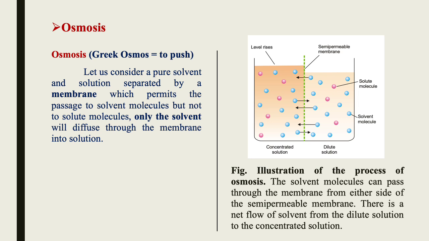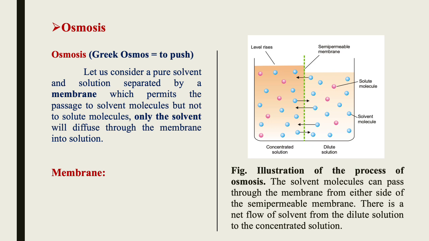So only the solvent will diffuse through the membrane into the solution. Diffusion always happens in both ways, from higher to lower and lower to higher, but that is only applicable for the solvent. So you can say that is osmosis.